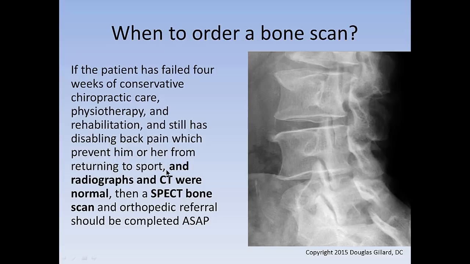So he can't go back to sports. X-rays were negative, or I guess at this point we haven't taken X-rays yet, but you definitely want X-rays. So we've already taken X-rays, which is good, because I said we should take X-rays right away on these kids. CT was done as normal. Then it's time for a SPECT bone scan.